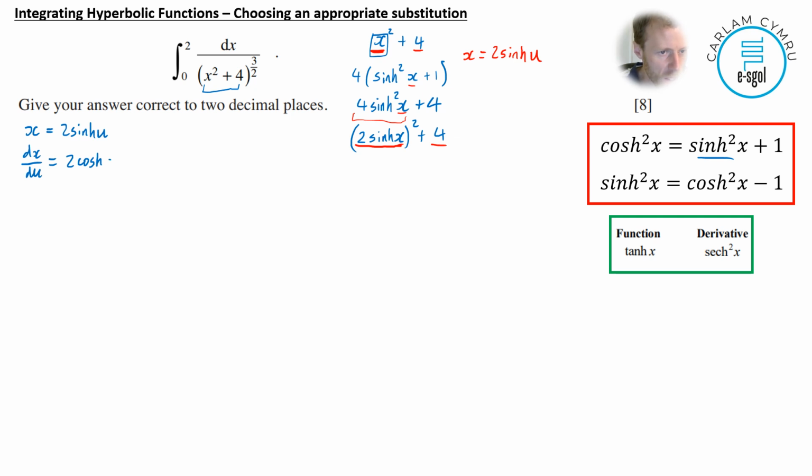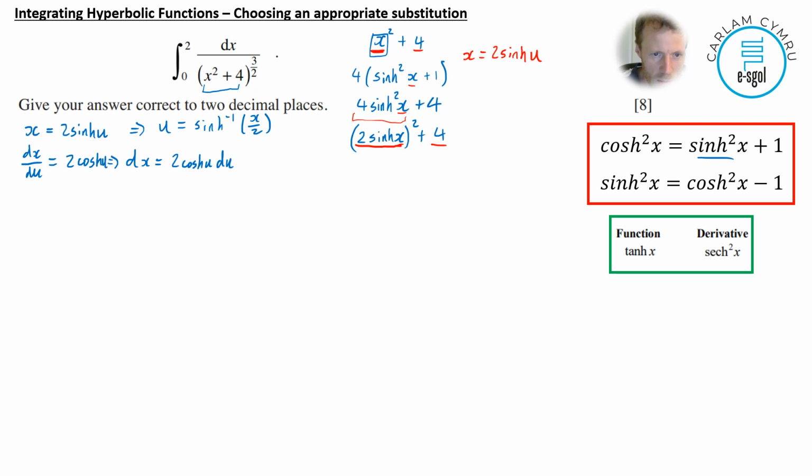That then implies that dx is 2 cosh u du. And then I also want to deal with the limits, the 0 and the 2 here. I might just want to have a think here about what u is. u is equal to the inverse sinh of, it looks like x over 2. That'll help me get my limits correct.